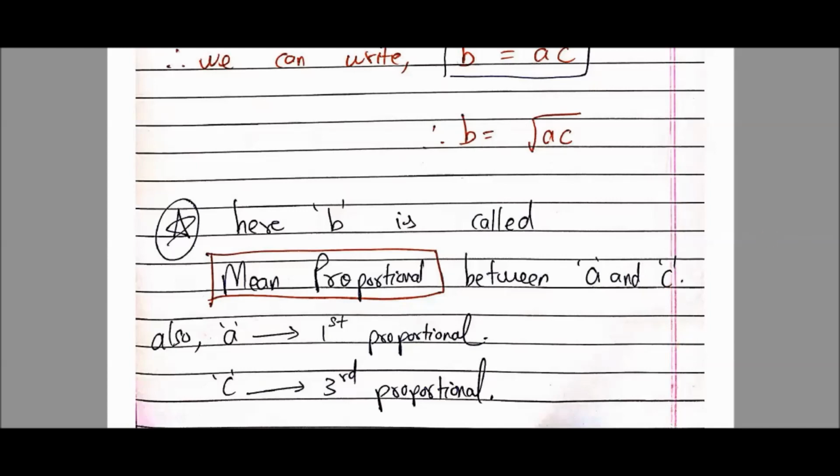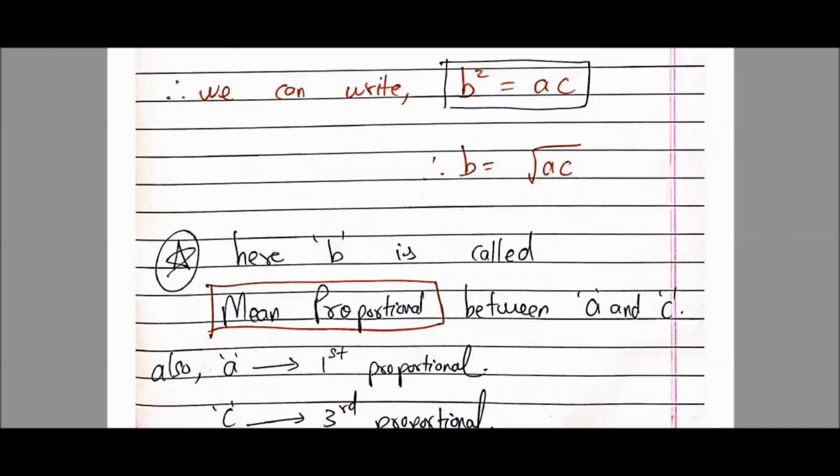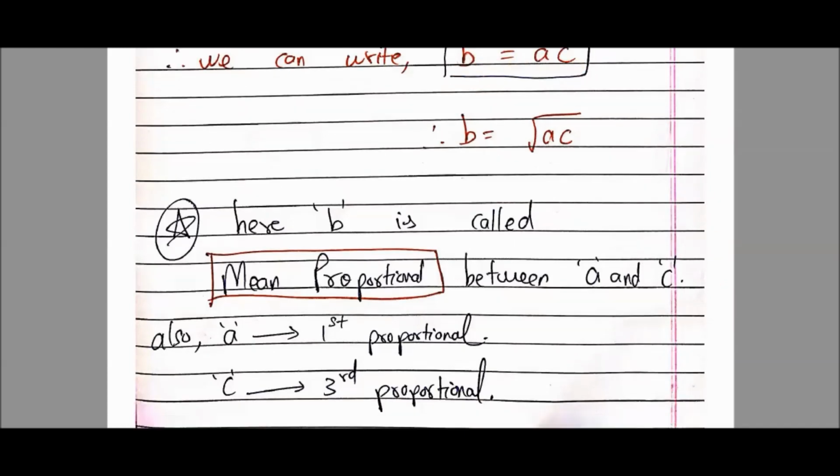So how will you write? Plenty of times we'll use this formula, B square is equal to AC. Then we can elaborate further as B is equal to root of AC. So whenever three numbers are given in mean proportional, the middle one is the mean proportional and can be written as B square equal to AC. You should remember this formula.